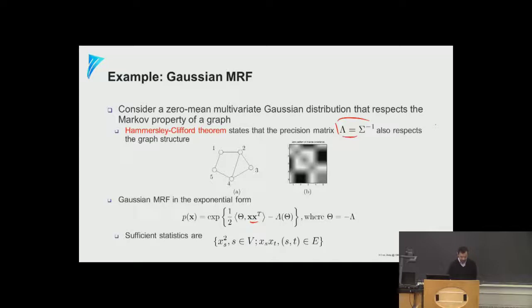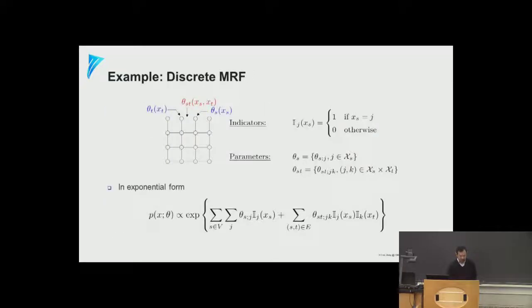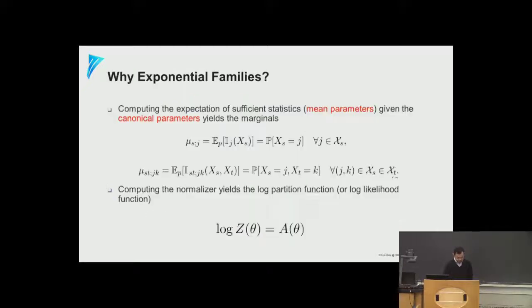We actually knew that already, right? Discrete Markov random field, same thing. You can define indicator functions on X, and then you can introduce singleton weights and pairwise weights. Then your whole thing can be expressed by an expression like this: a sum of singly weighted potentials and pairwise weighted products of singleton potentials. Of course, you can introduce other potential functions if you will. Okay, so these are examples of exponential family distributions.